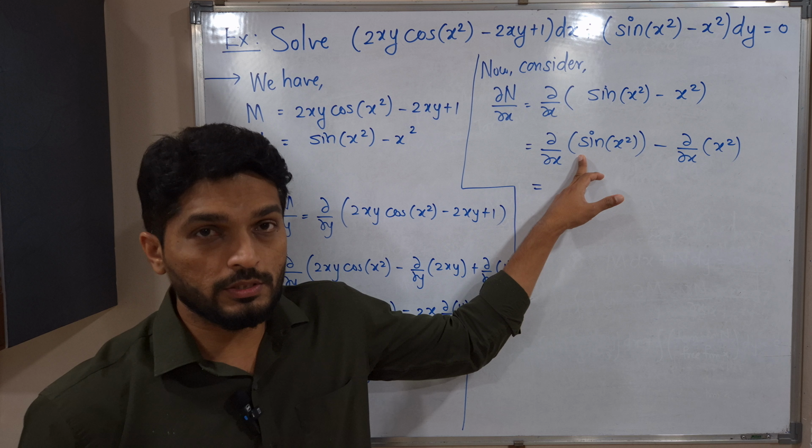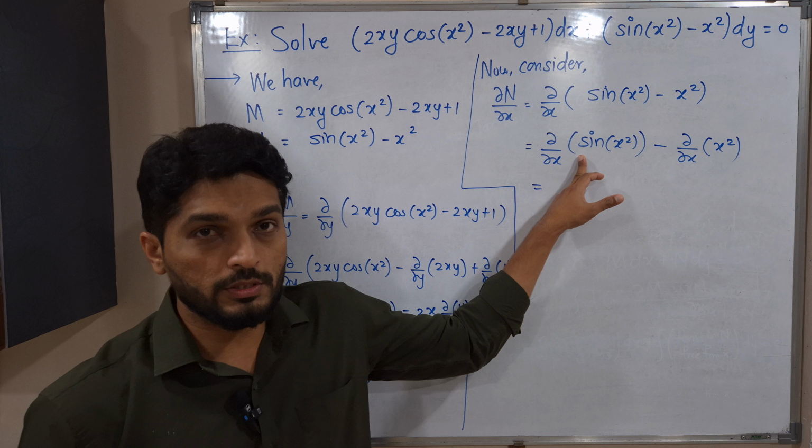So this is equal to the derivative of 2xy cos x square minus the derivative of 2xy plus the derivative of 1. We are differentiating with respect to y. So if there are any constants, we take them outside.